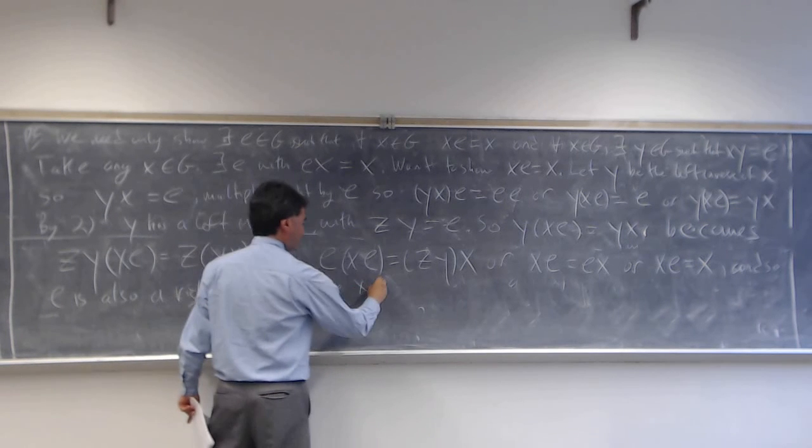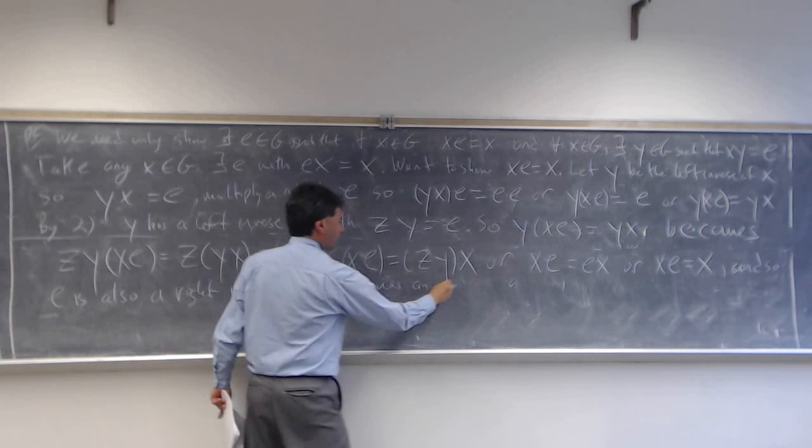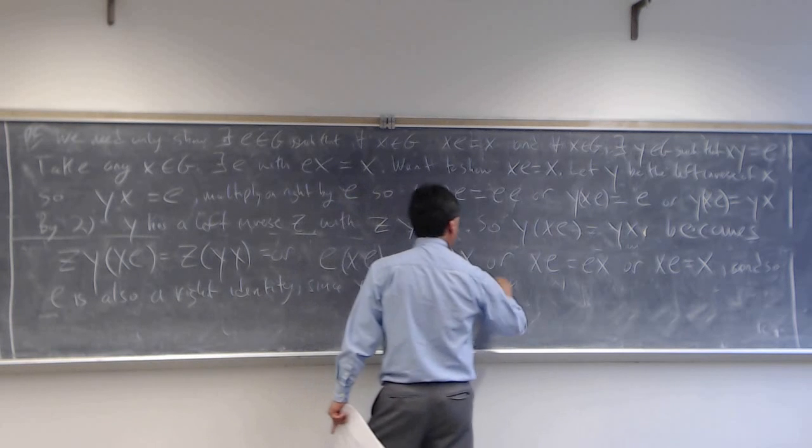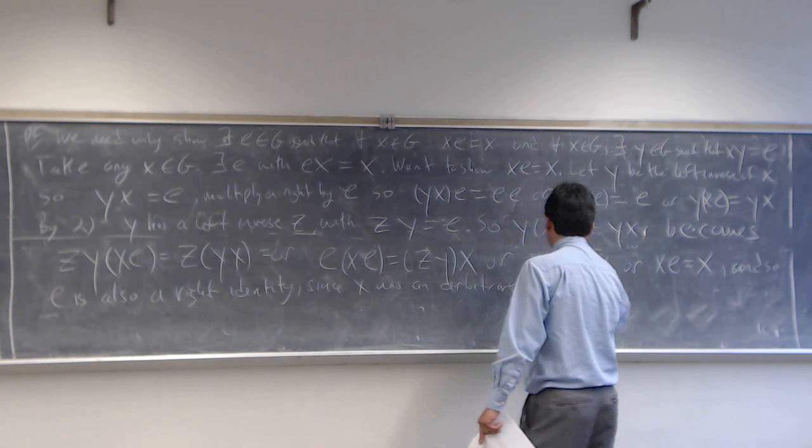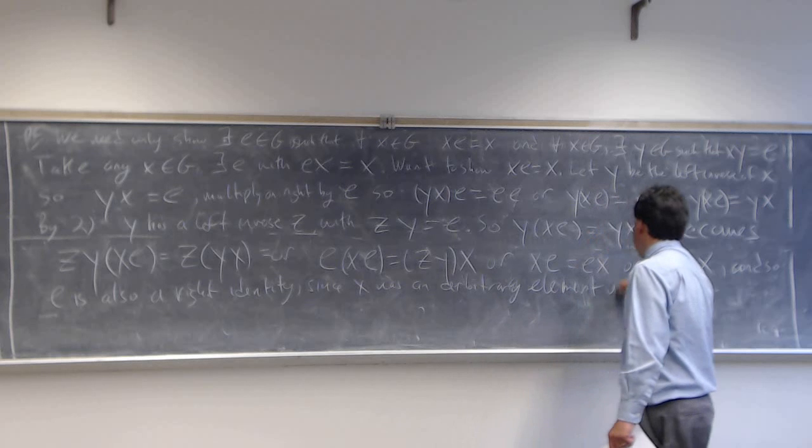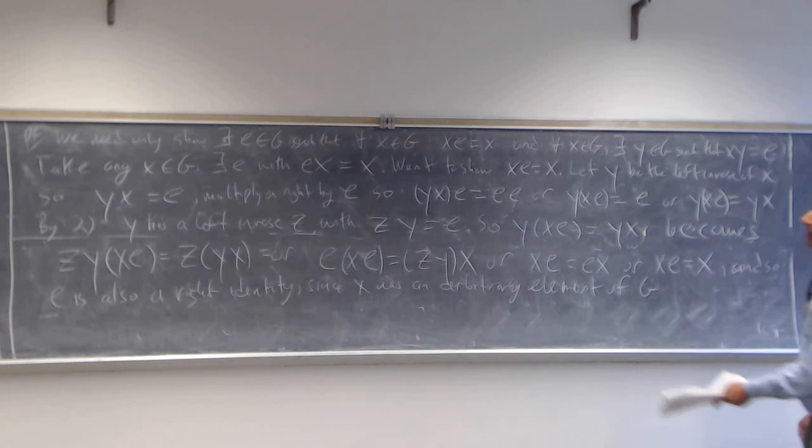Since X was an arbitrary element of G, nothing special about X, I took any X in G, and I can show that that left identity E has the property that it's also a right identity.